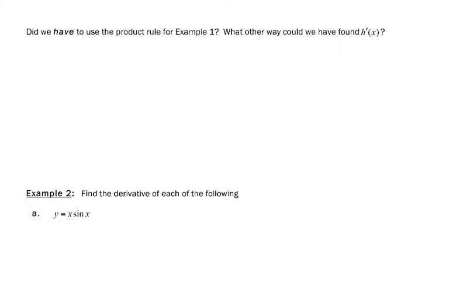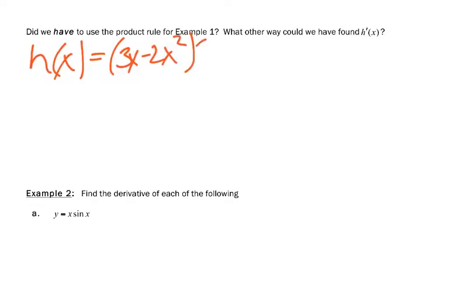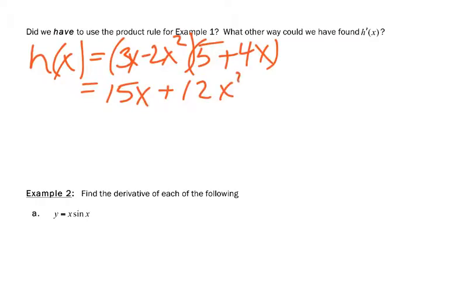Okay, so looking at our original function, we had 3x minus 2x squared times 5 plus 4x. We could multiply that out. I would get 15x plus 12x squared minus 10x squared minus 8x cubed.